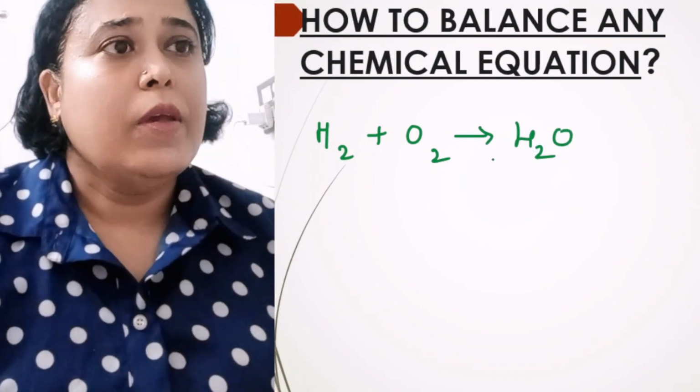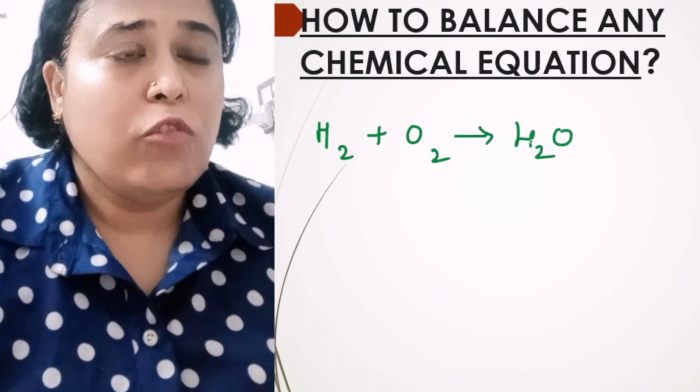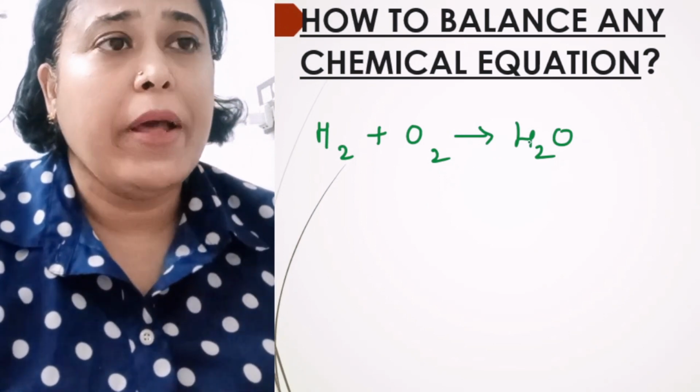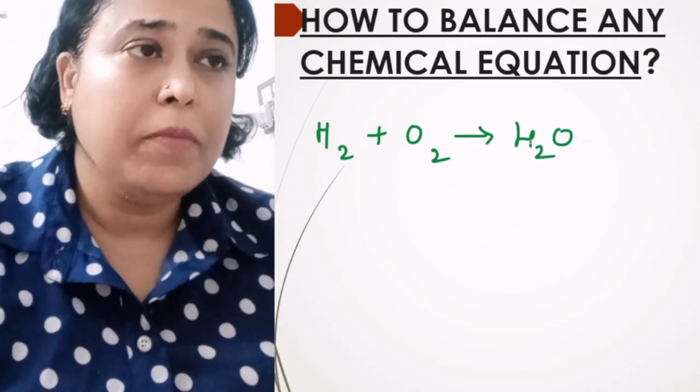H2 plus O2 gives water, H2O. It is an unbalanced chemical equation.